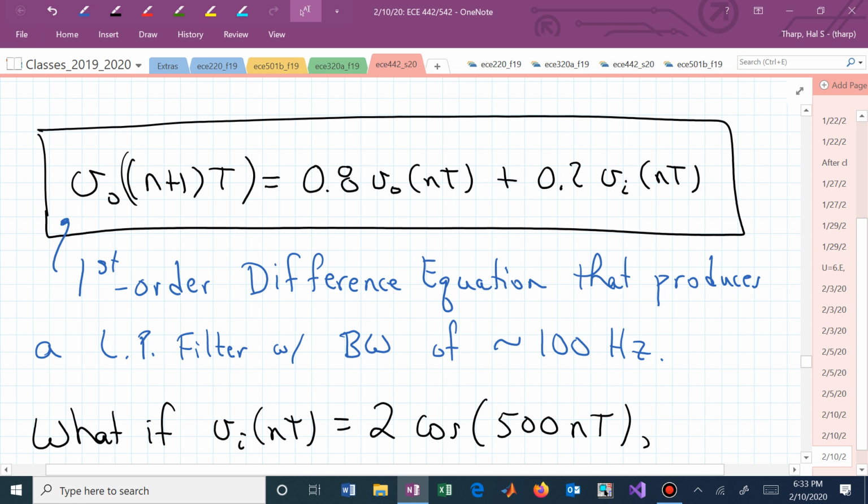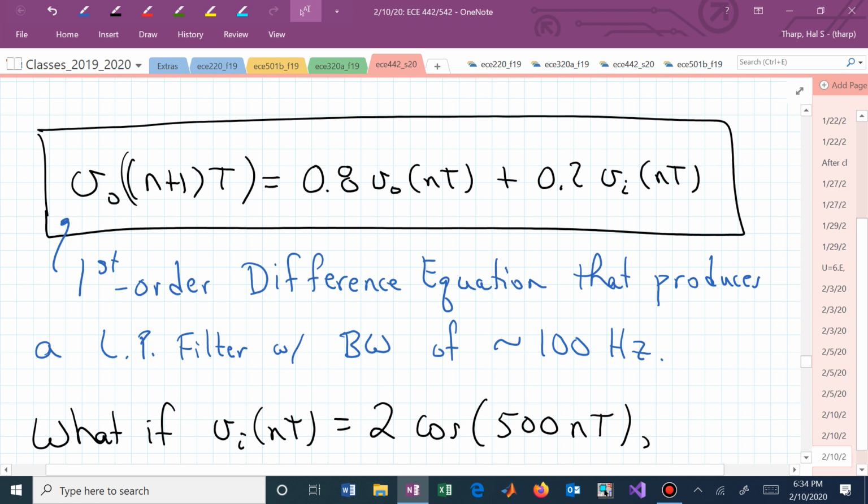What would you have to know or be guaranteed in order for this to really make sense? You would now have to make sure that your samples of that continuous time waveform occurred at capital T intervals of time, every 0.000333 seconds, we would pull off that input's value.